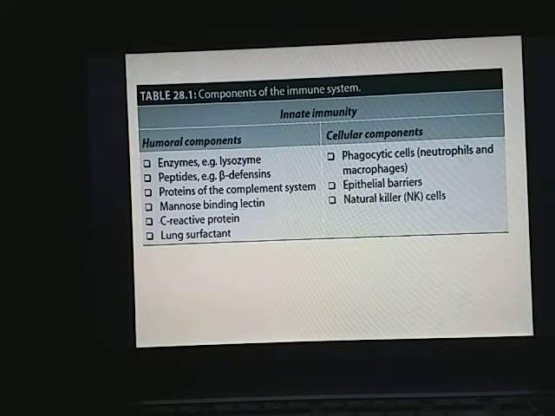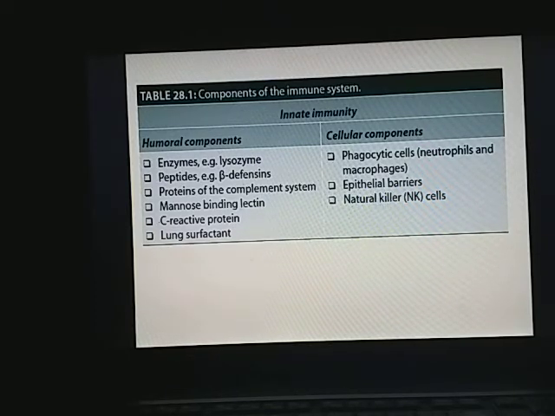There are two types of components in innate immunity, that is humoral components and cellular components. The humoral components of innate immunity are enzymes like lysozyme, peptides like beta defensins, proteins of the complement system, mannose binding lectin, C-reactive protein, and lung surfactant.